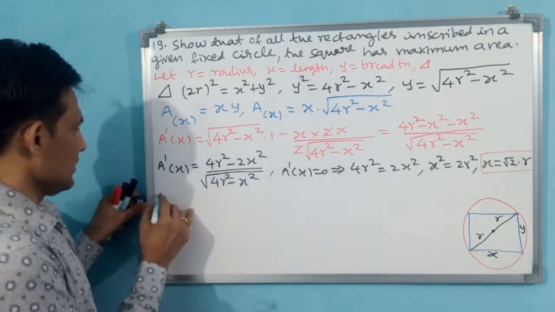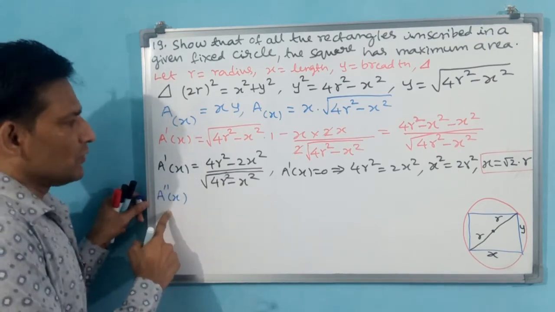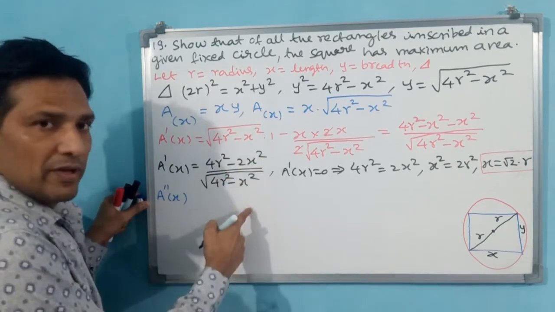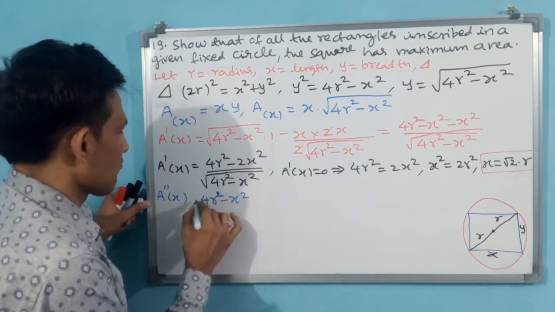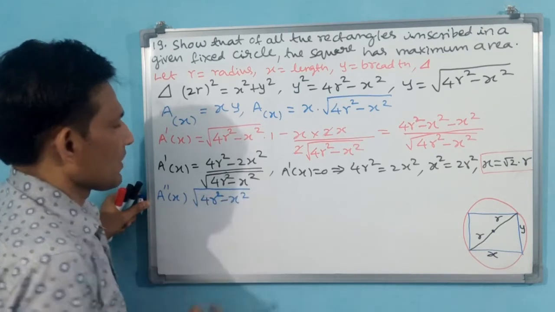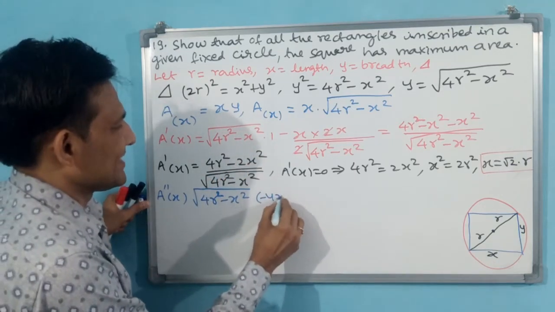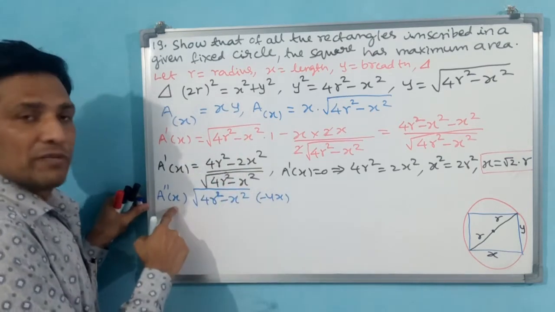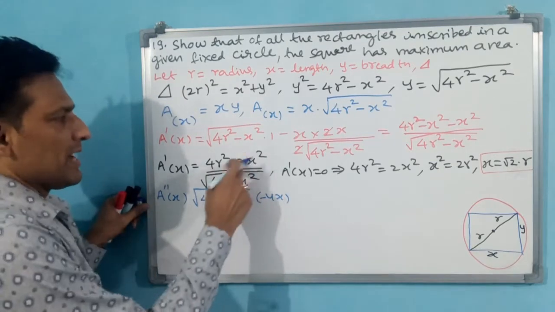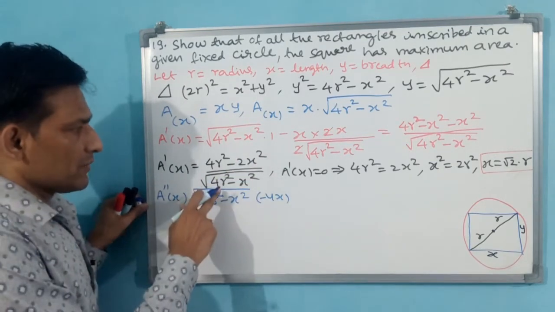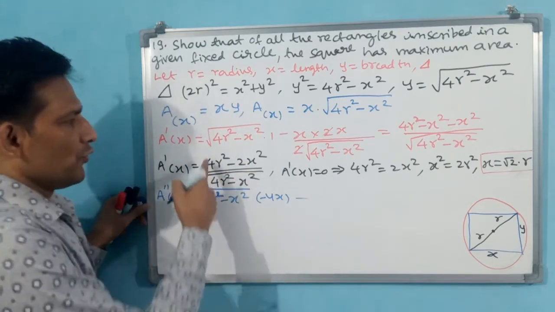A double dash x I am doing, you see. A double dash x is equal to d by dx of u by v, which is v du by dx minus u dv by dx, divided by v square. d by dx of u, that means minus 4x. We are differentiating with respect to x, so r will be constant, like 0 minus 4x.